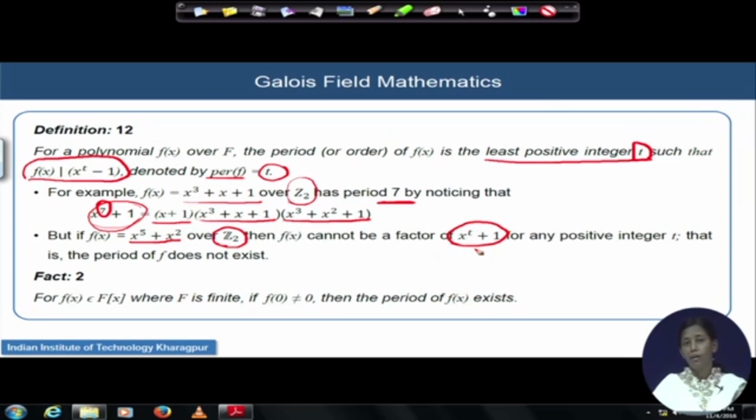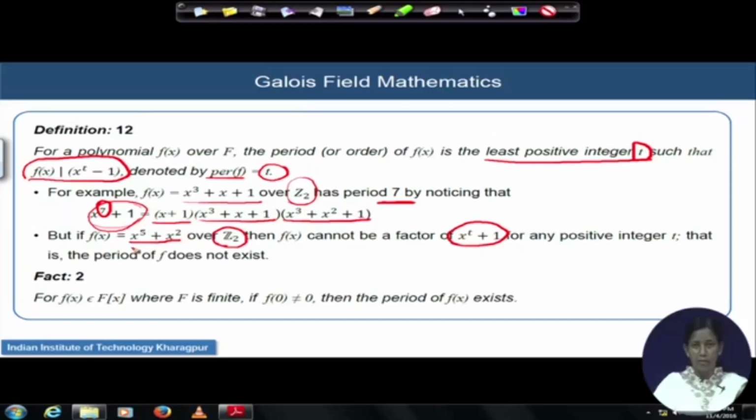So, if you cannot find any positive integer t for which the polynomial can be divided, then we cannot find that the target polynomial has any period. There is no period, hence we declare that no period exists for that typical polynomial.